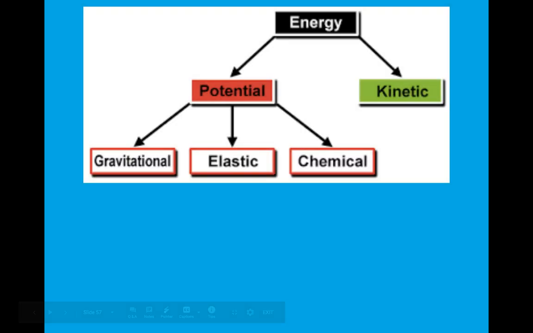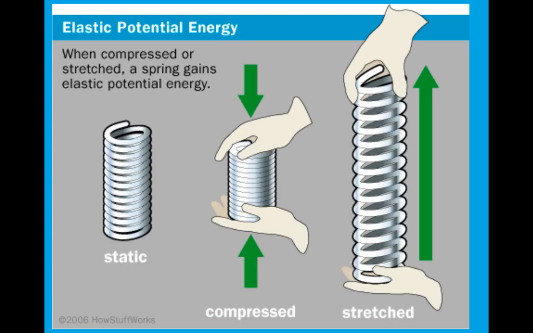Okay, so as I said before, this fits in with our previous unit of conservation of energy. So we're going to talk about a specific type of potential energy, elastic potential energy. Elastic potential energy is present or stored whether a spring is being compressed or stretched.